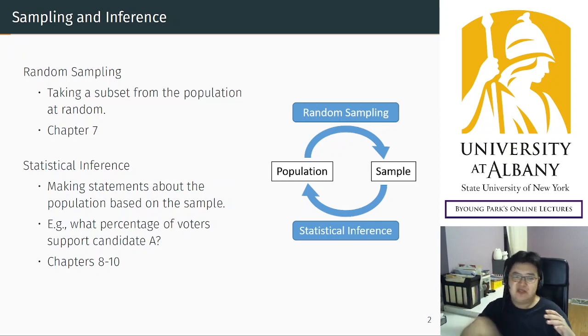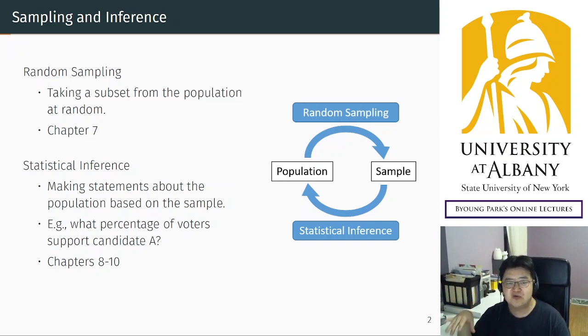So random sampling is literally randomly choosing some observations from the population, and that is a theoretical assumption. We studied what kind of results we can obtain under those assumptions.